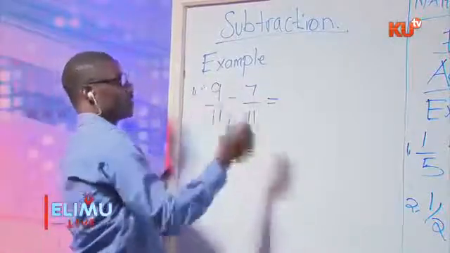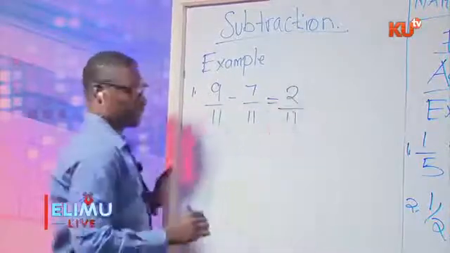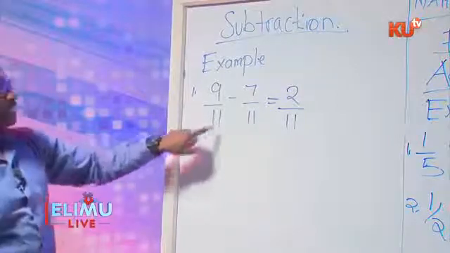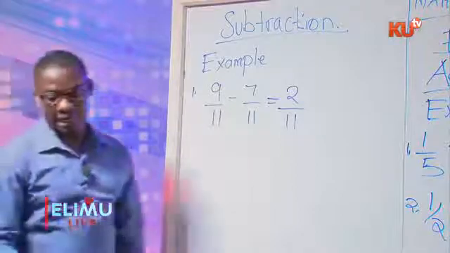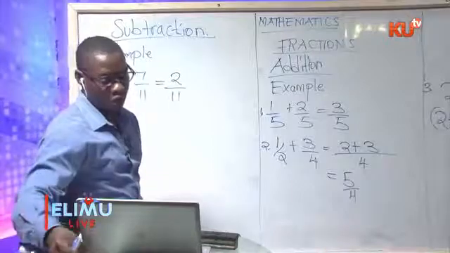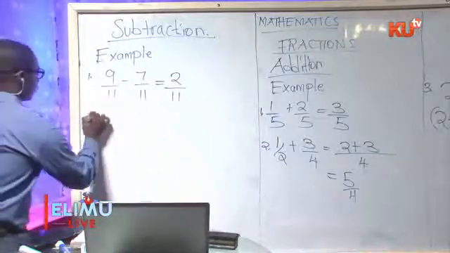Therefore, 9 take away 7 is 2, and the denominator remains 11. So 9 over 11 take away 7 over 11, your answer is 2 over 11. So that is an example of subtraction of fractions that have the same denominator.